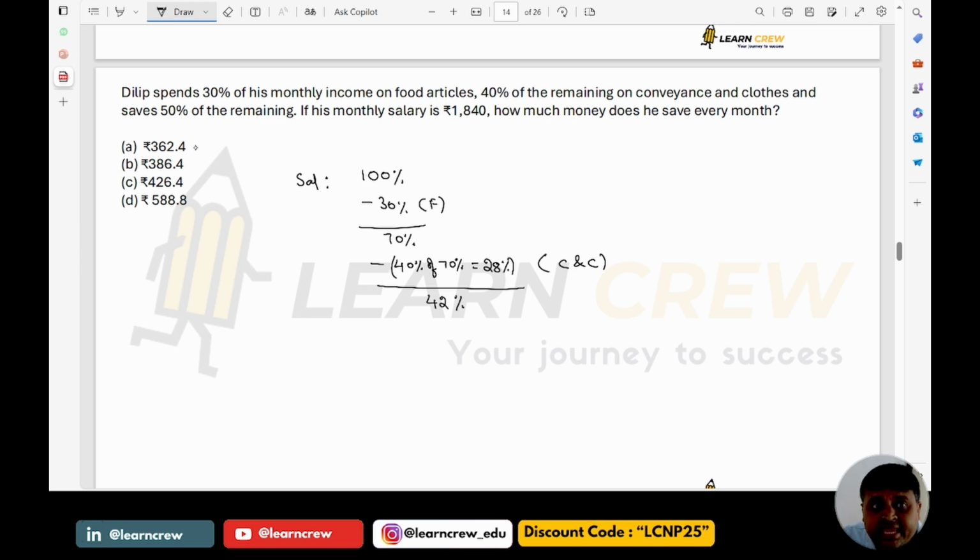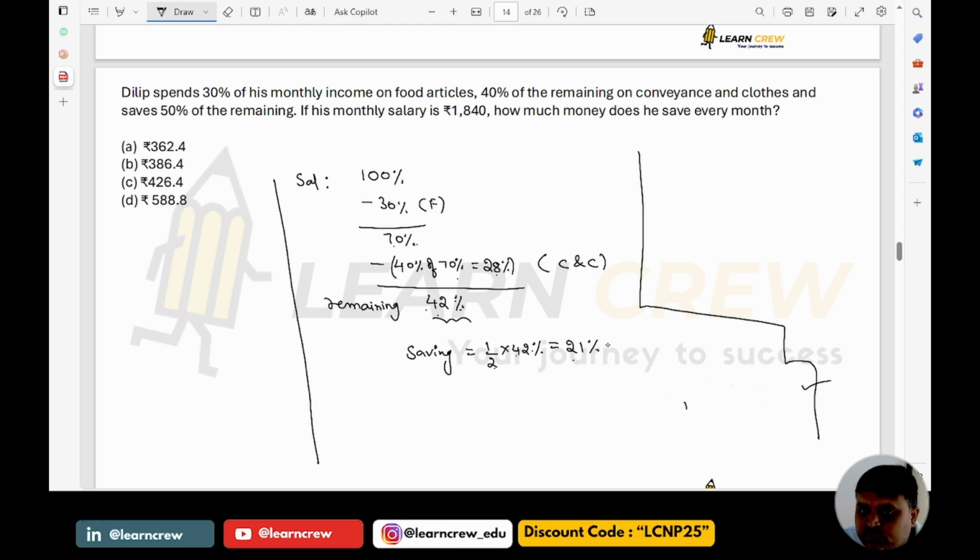Okay, and saves 50% of the remaining. So what is remaining now? The remaining after spending on food, clothes and conveyance is 42%. He's saving 50% of this, half of 42%, which means he is able to save 21%. 21% we need to find out.